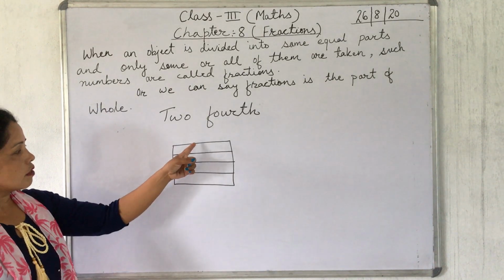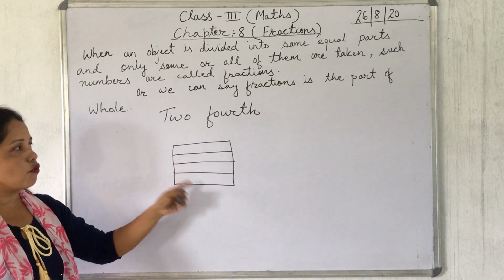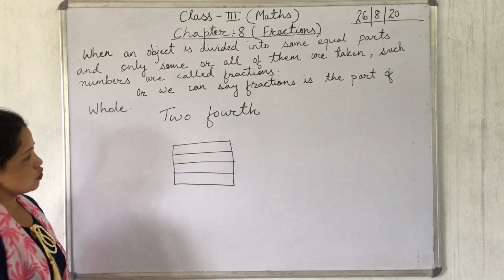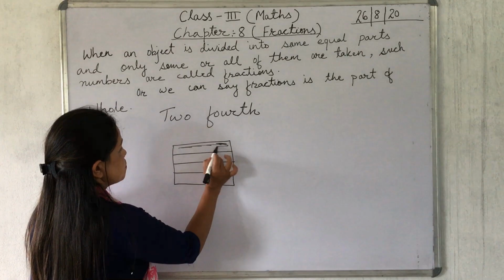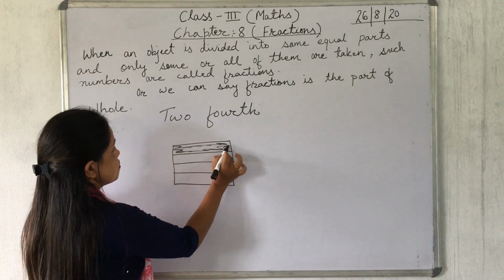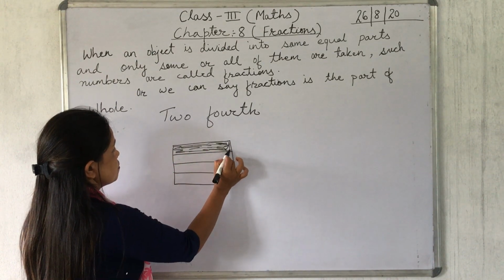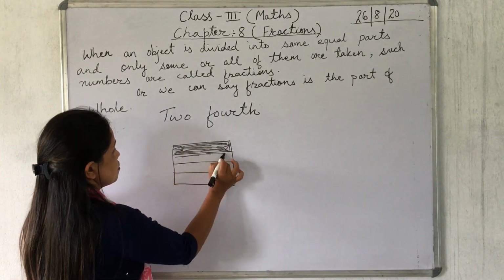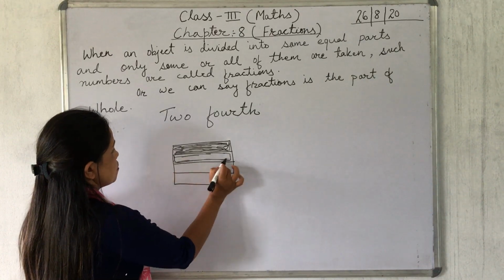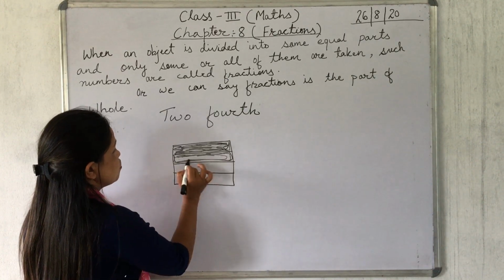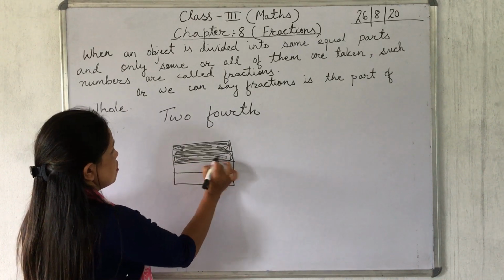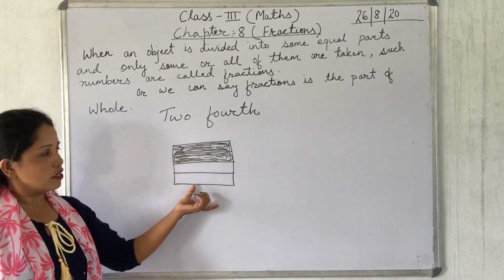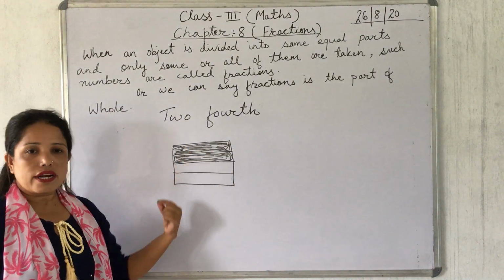So how many parts are there? 1, 2, 3, 4. 4 parts are there. So we have to shade 2 parts. Like this we have to shade 2 parts. These 4 parts are equally divided, and these 2 parts are shaded.